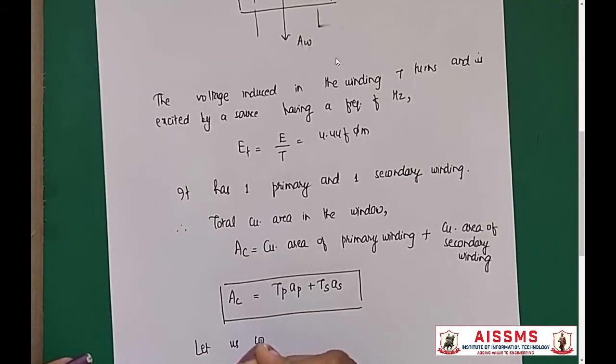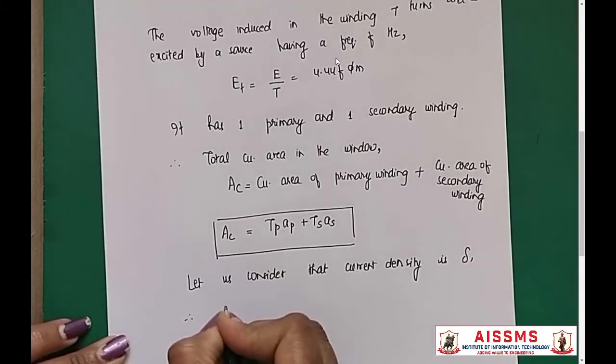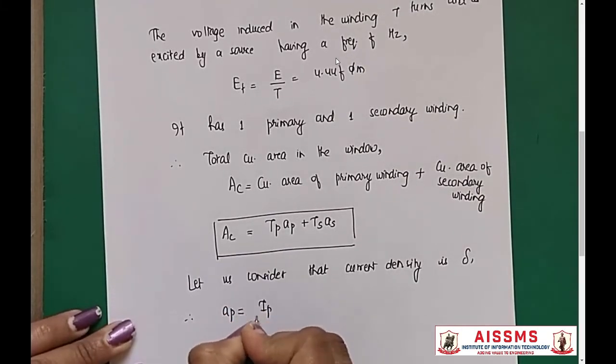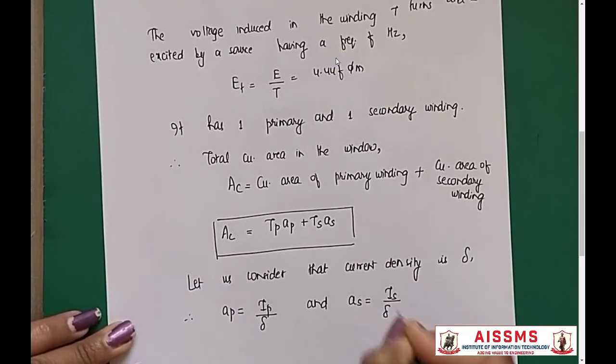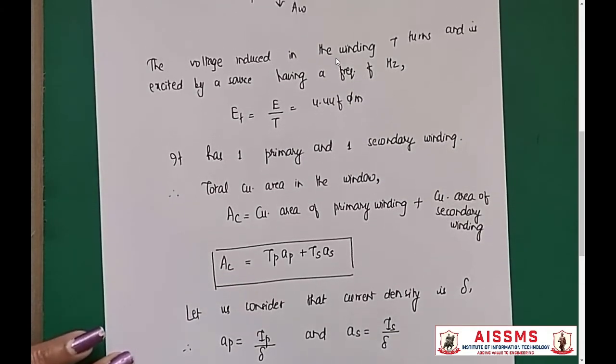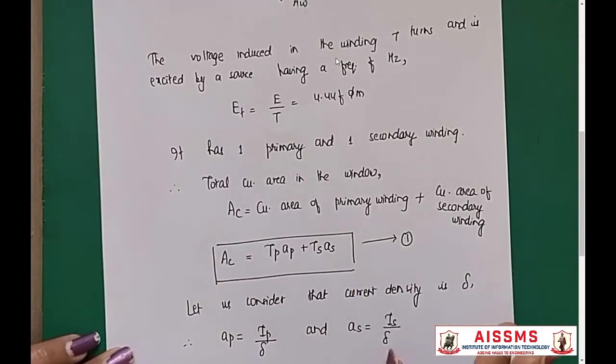Let us consider that the current density is delta, both for primary as well as secondary winding. Therefore, AP will be current in the primary winding divided by the current density, and AS, that is area of the secondary winding, will be current in the secondary winding divided by the current density, right? So, we can replace these values of area of conductors in, let's say, equation number 1.